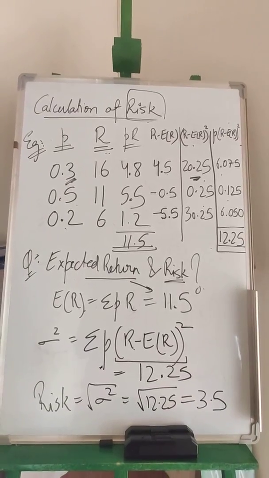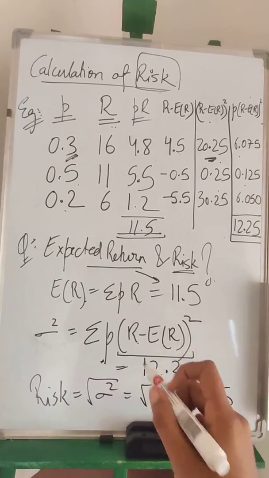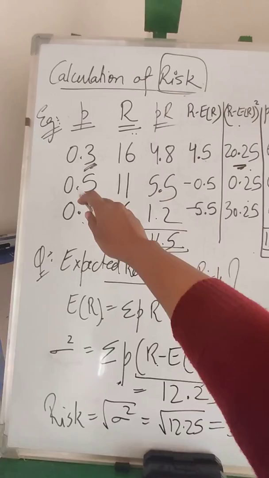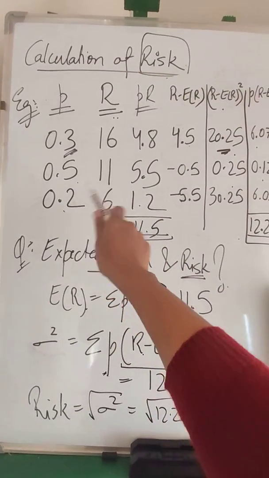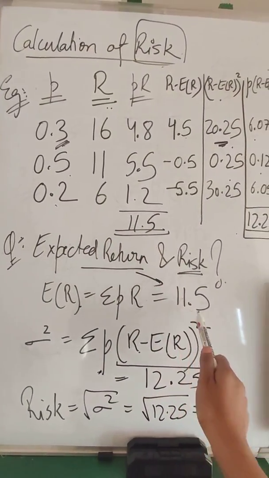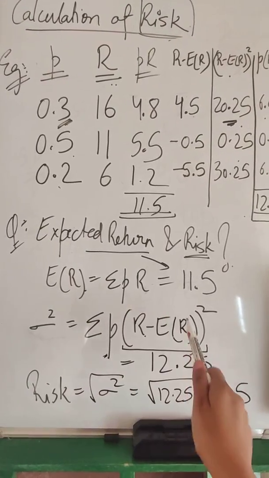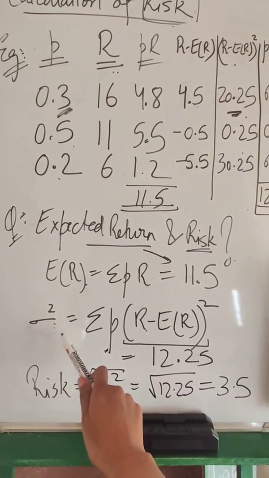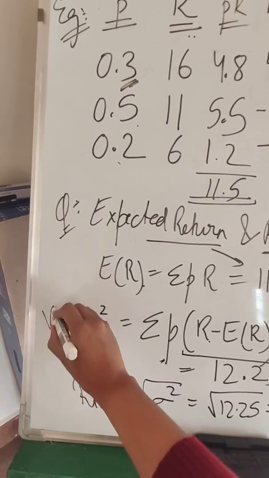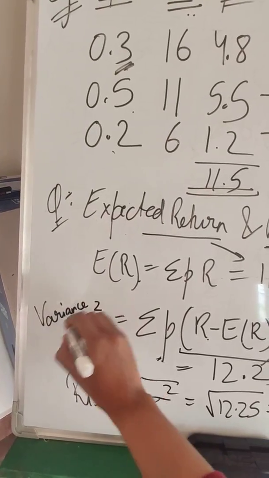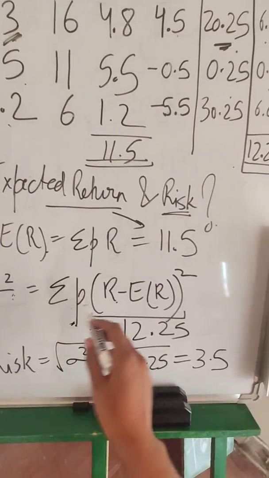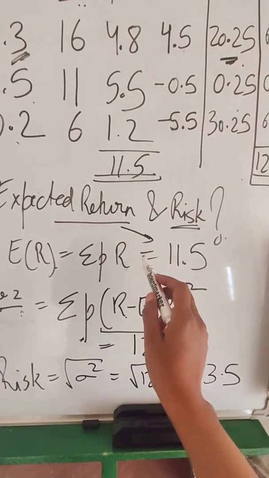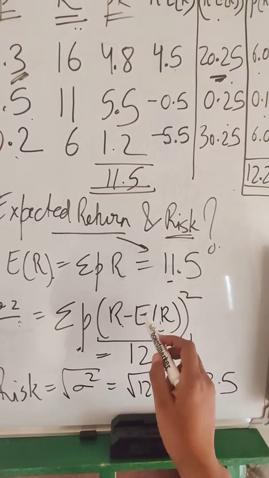So if you see the full calculation, it is not very tough. First of all, we started with the expected return. This is very simple: P into R, P into R, P into R. Add it up, 11.5. Next, this is the entire thing that we have to calculate for risk. First of all, we will calculate the variance and then the standard deviation. This is the formula for variance, sigma P into R minus ER, square. The expected return we have already calculated as 11.5.